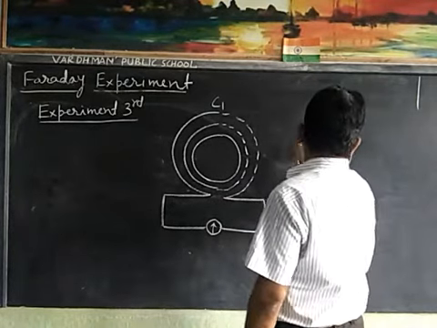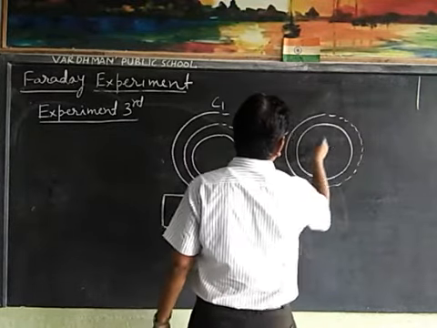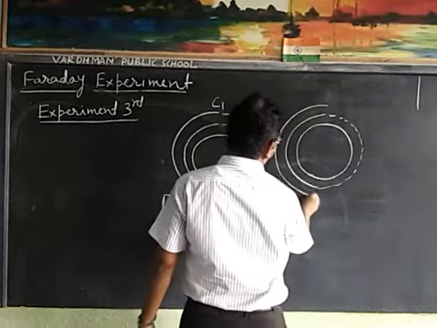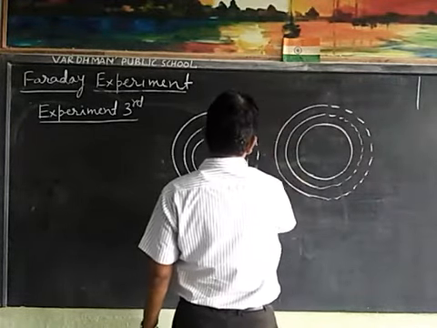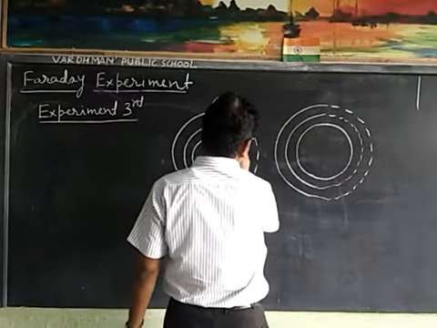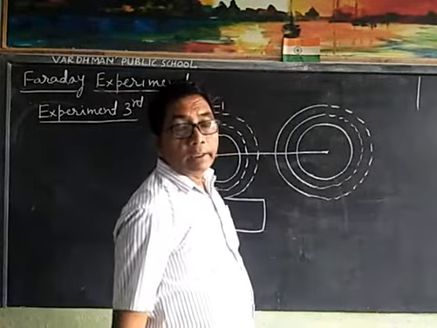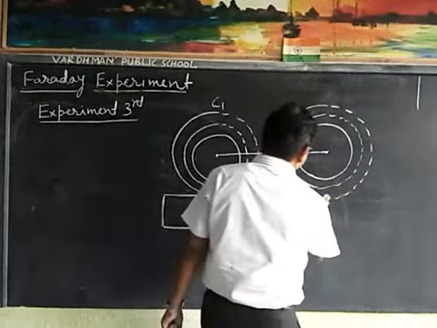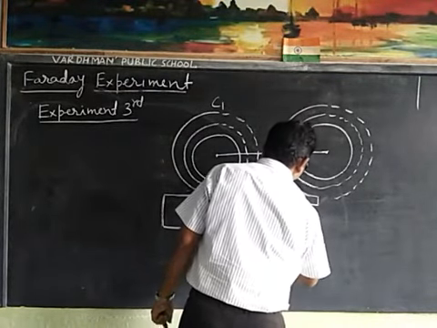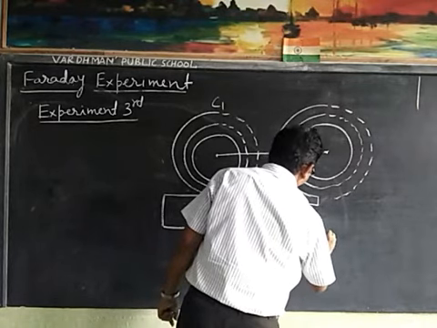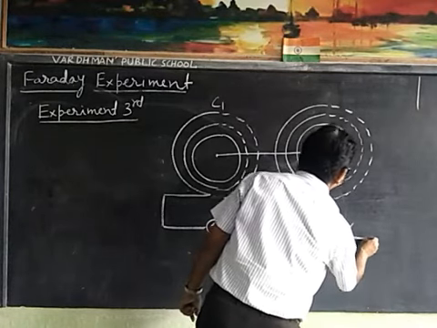Suppose an iron rod is inserted, and the second coil is connected to a battery and a tapping key.